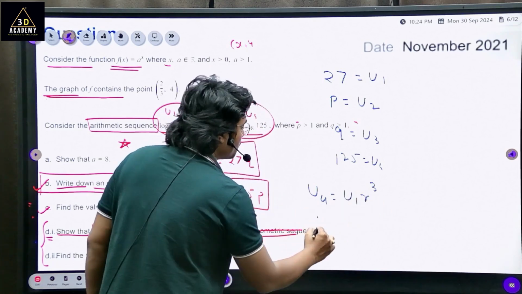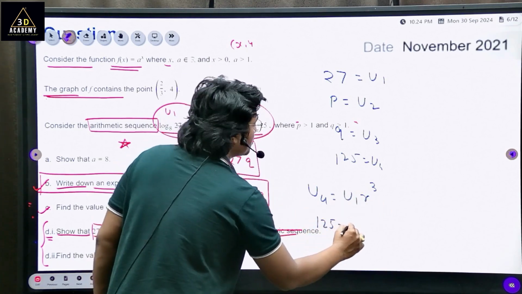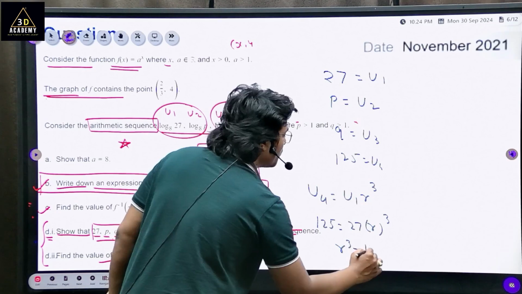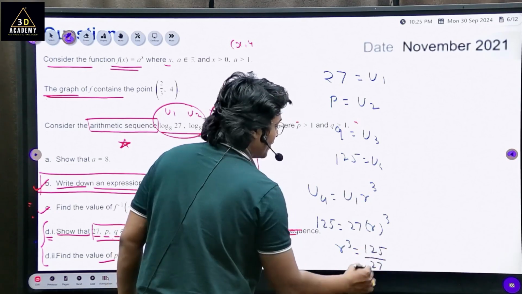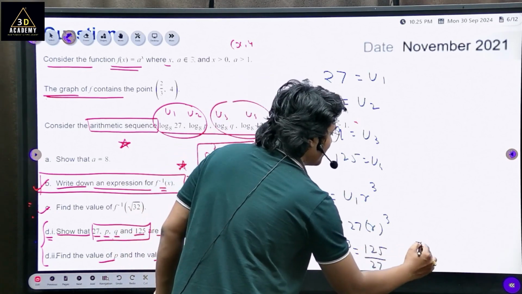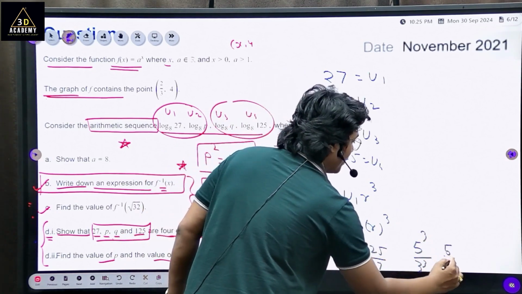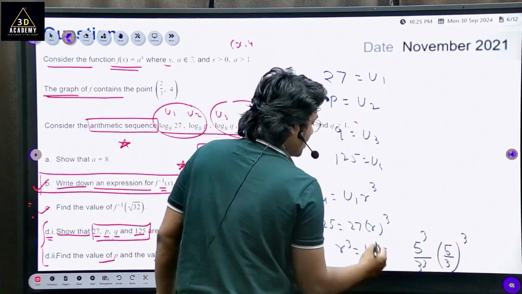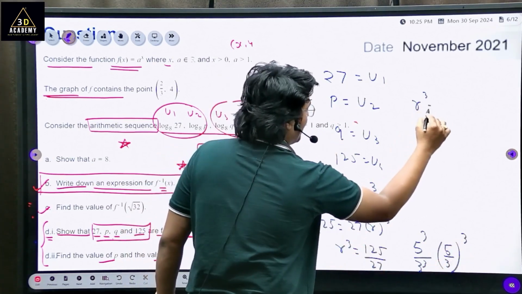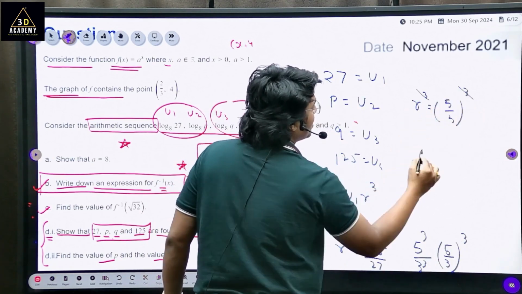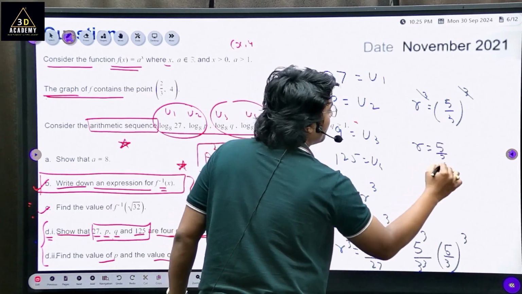So u4 is 125, u1 is 27, so r raised to 3 is nothing but 125 upon 27, that is 5 raised to 3 upon 3 raised to 3, that is 5 upon 3 whole cubed. It means r cube is 5 upon 3 raised to 3. Cancel out the 3, you get r equals 5 upon 3.